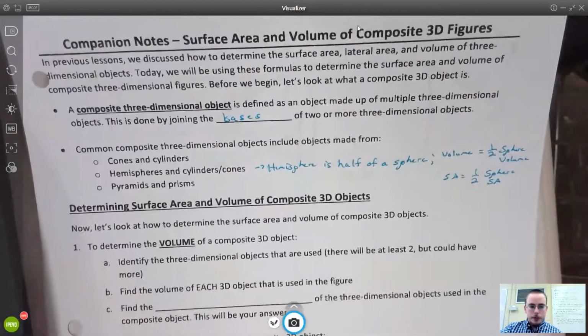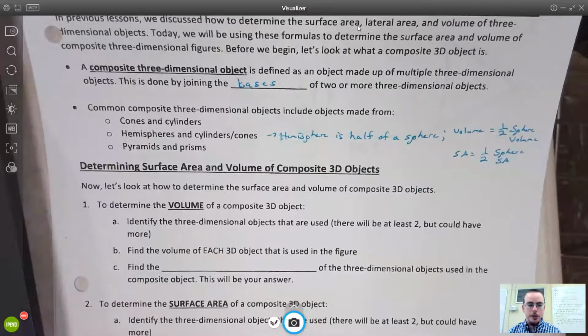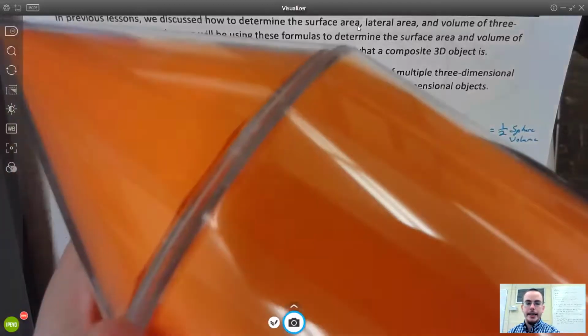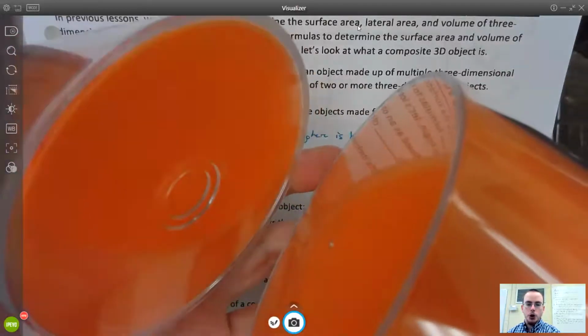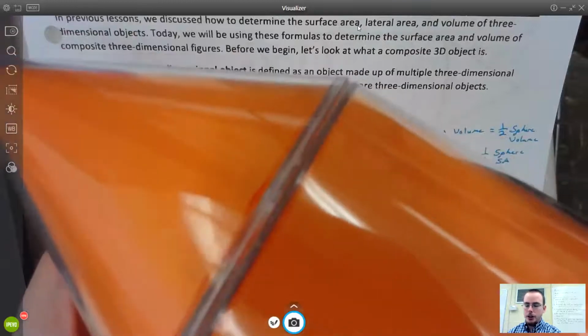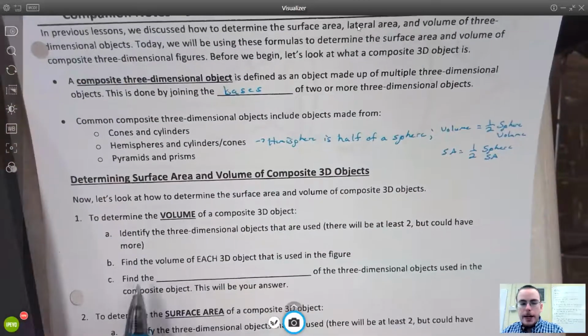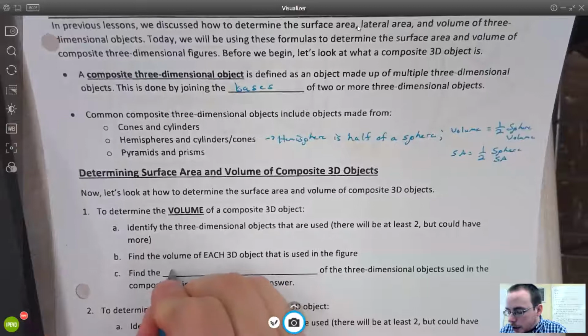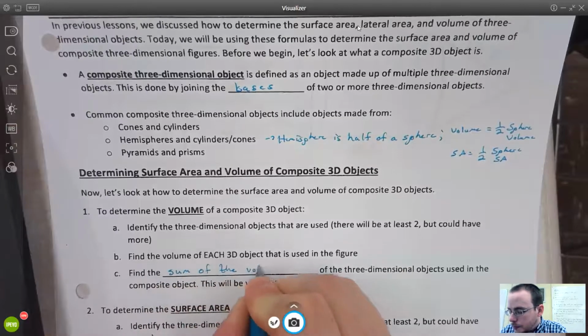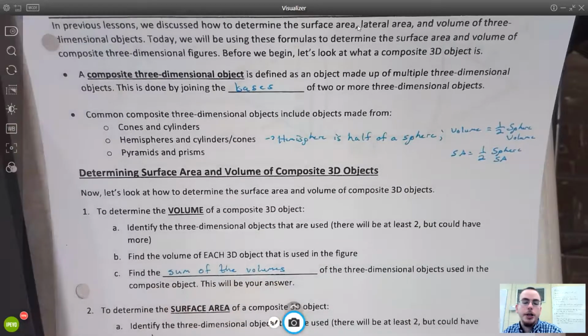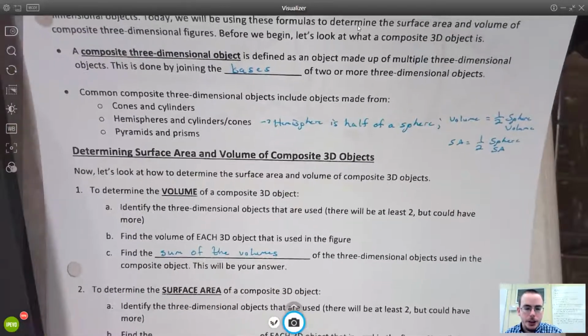So after you determine what 3D objects you have, you're going to find their volume using their respective formulas. And then because you have put these together, you have joined them together, you've added them to each other, you're going to find the sum of the volumes of the three-dimensional objects used in the composite object.